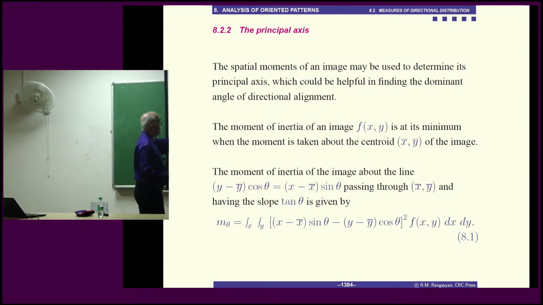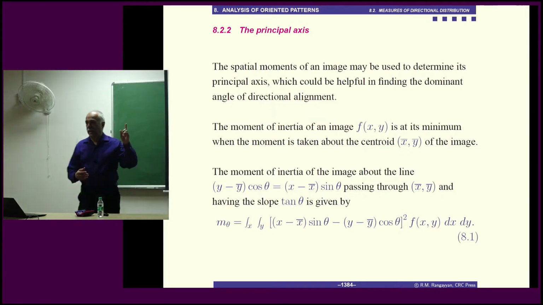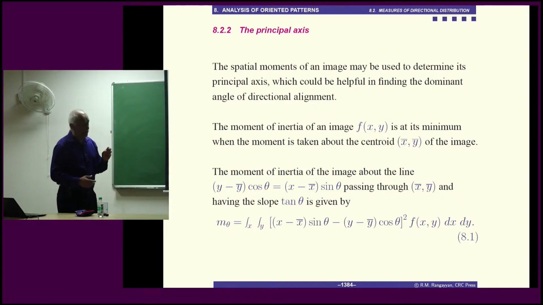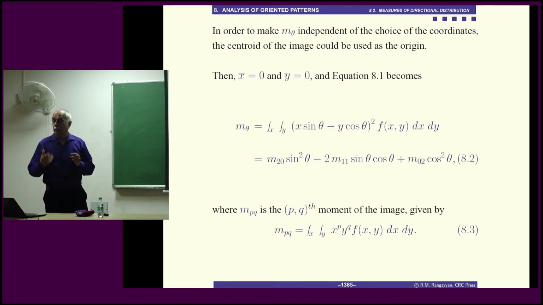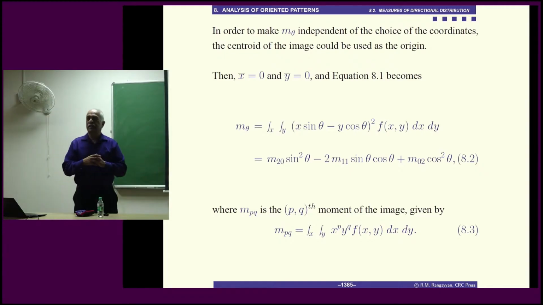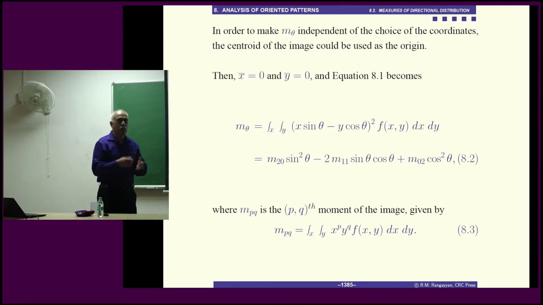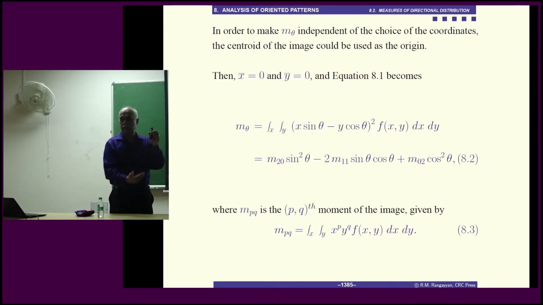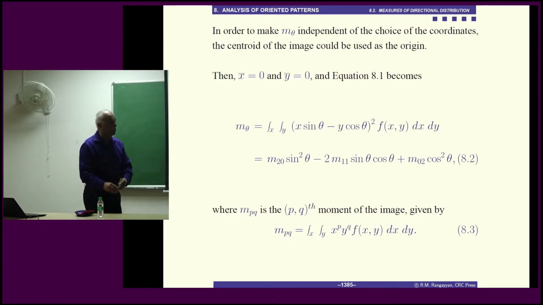This is the moment of inertia about the line passing through the centroid at that angle theta. If the object has a preferred orientation, then there will be a large moment at that angle. If it is a perfectly circular or spherical object, there is no preferred orientation. A ball has no preferred orientation, whereas an ellipse has. There is a long axis and a short axis, and you will take the long axis as the orientation.